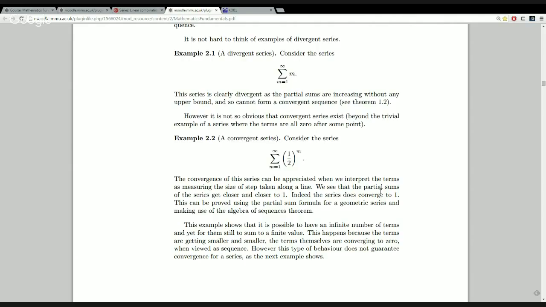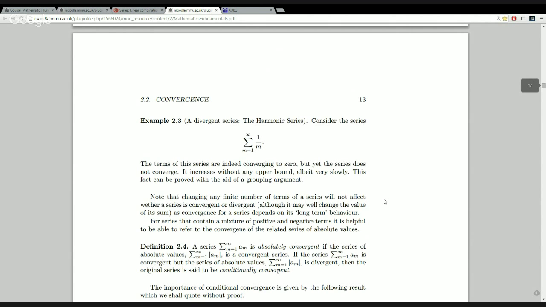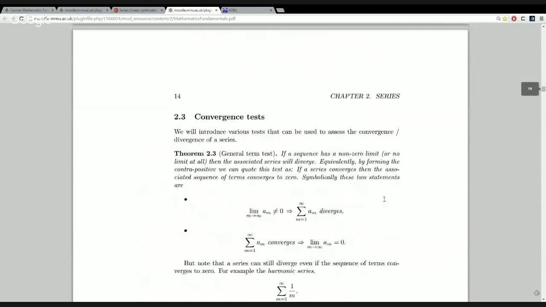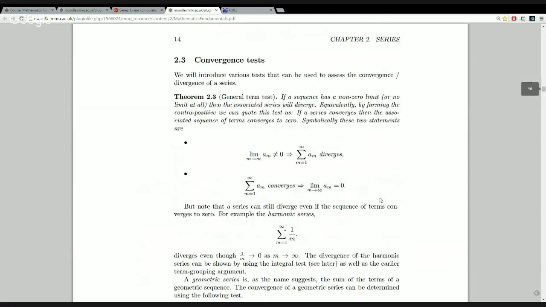So that leads us on to, if you glance at the notes there, beginning on page 14, we have 2 or 3 pages of convergence tests. The next lecture and next week, we're going to be working through these convergence tests. Now, what are these?